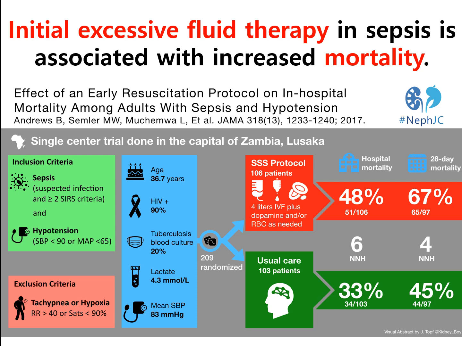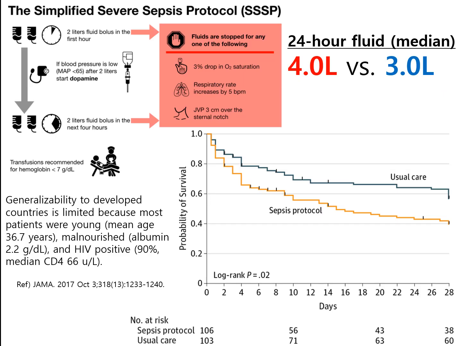In a study of Zambian adults with sepsis and hypotension, initial excessive fluid therapy was associated with increased mortality. In this study, relatively large amounts of fluid were administered, with 4 liters of 24-hour fluid in the early resuscitation protocol group and 3 liters in the usual care group.